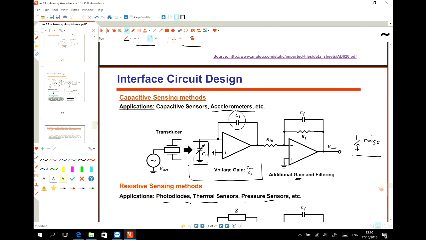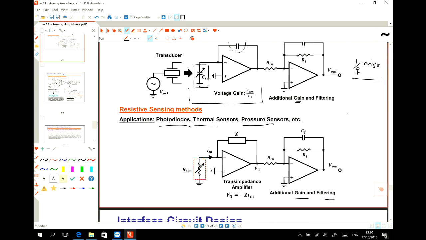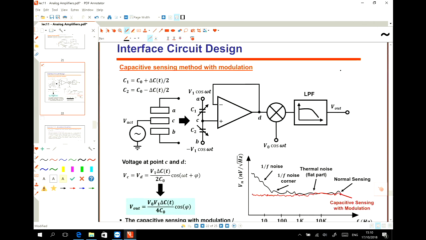Most sensor applications work at low frequency, in the order of hertz or tens of hertz. So to get rid of this problem, we use modulation.